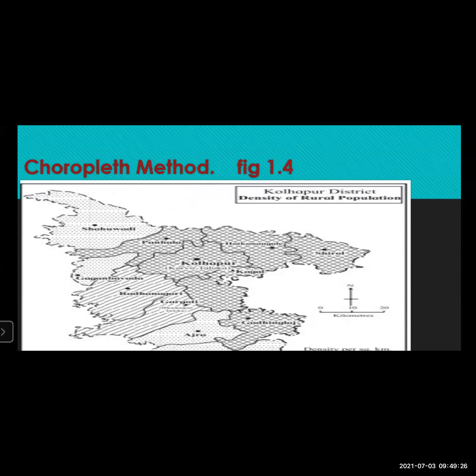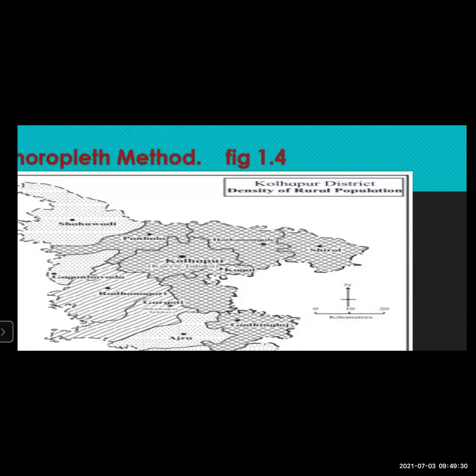As well, you can see on the map there is a scale given, along with the arrow. It's a linear type of scale. We have already learned in our revision part what types of scales there are.